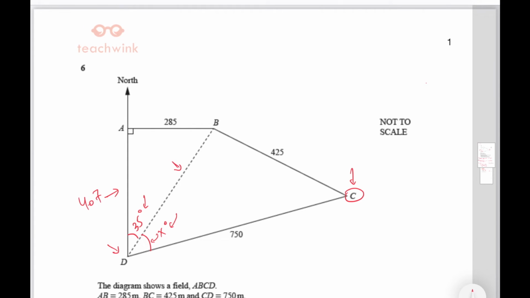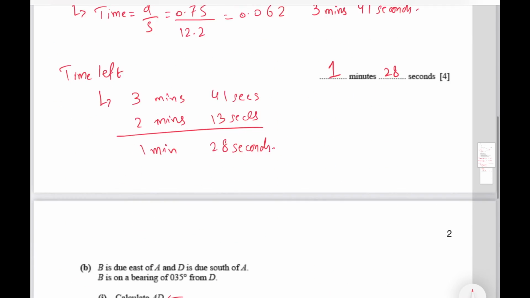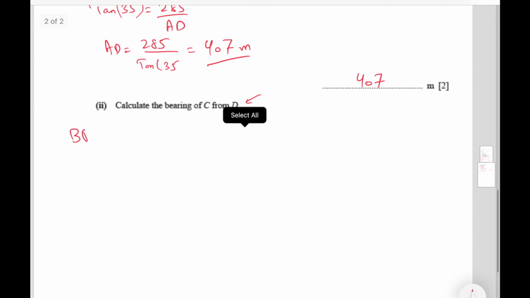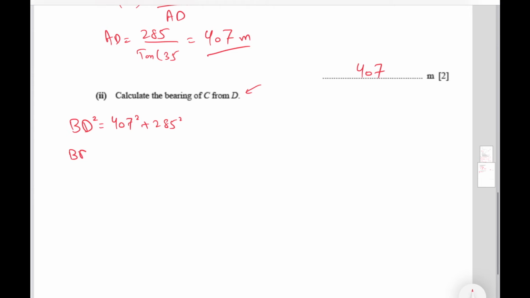So in order to find this length, how do we do that? You can use the Pythagoras theorem. BD squared is equal to 407 squared plus 285 squared.